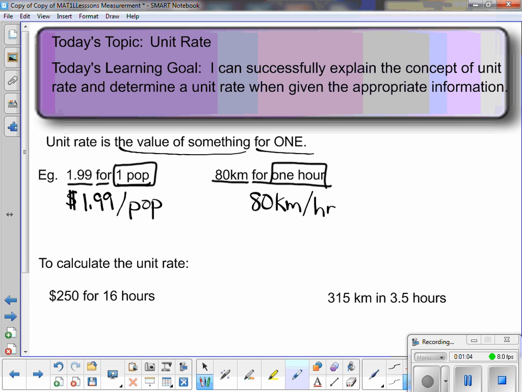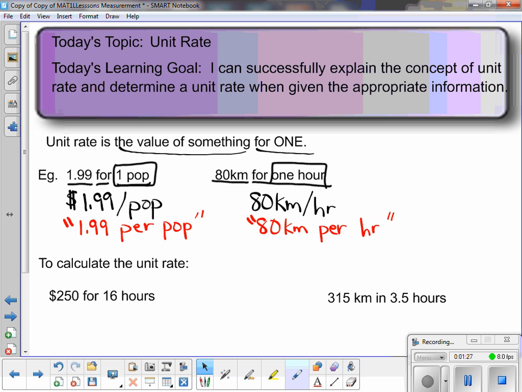So that translates into $1.99/pop. That slash stands for per, not like a cat purr. And this is 80 kilometers per hour. Okay, so just so that you have the translation there.